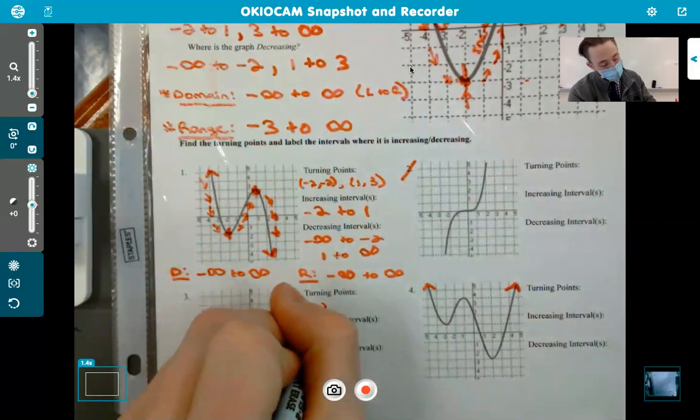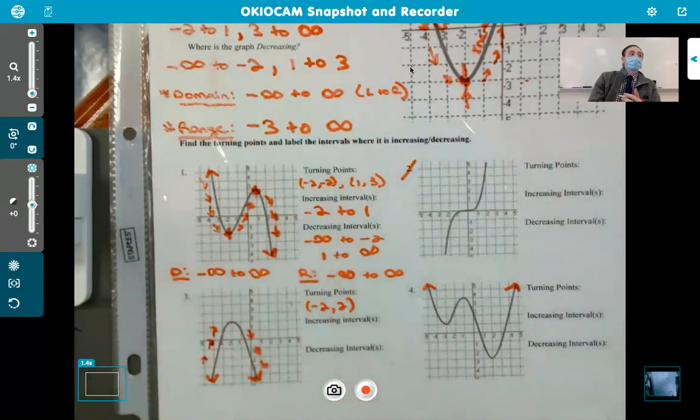Good. And on your homework for tonight, it might just ask you for the x value. It says like estimate the turning point or the x value for that turning point. You would just say -2. All right. -2, +2 is my turning point.